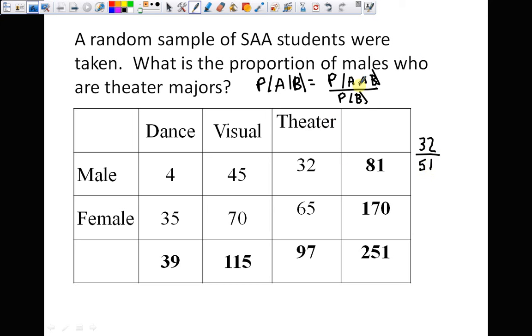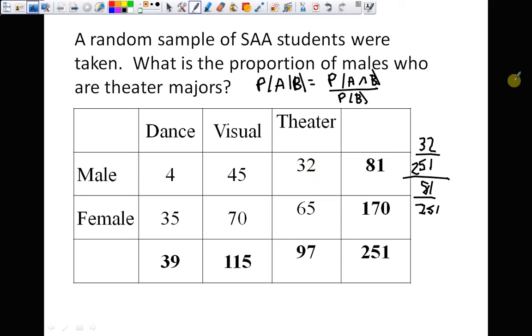This is the probability of both male and theater, divided by the probability of B, which is the probability of our given, which is male. So our probability of a male is 81 out of 251. This is also 251. 32 male theater students, 32 out of the 251.